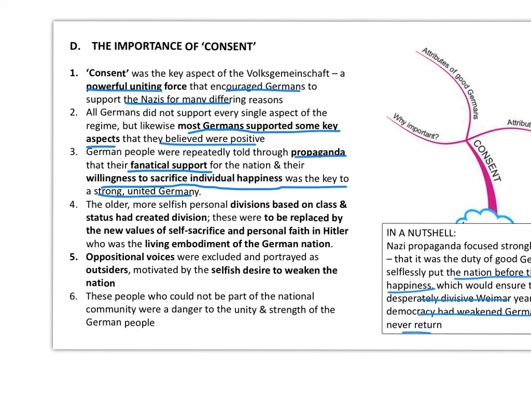So those older, more selfish personal divisions based on class and status from the Weimar era and from the Second Reich, those were the values that created division, and those are the values that had to be removed, and there had to be a new value of self-sacrifice, okay, personal faith in Hitler, and that Hitler was the living embodiment of the German nation, a man who had selflessly sacrificed his own personal happiness to save the nation.